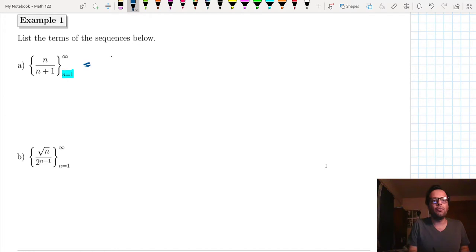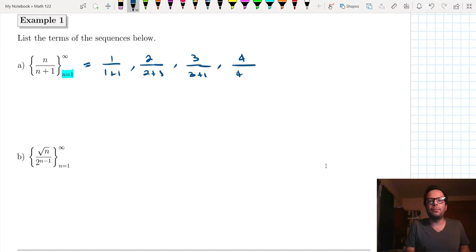So this will be 1 divided by 1 plus 1, comma, 2 divided by 2 plus 1, comma, 3 divided by 3 plus 1, and 4 divided by 4 plus 1. And all we do is just simplify the numbers. I'm going to say comma dot dot dot, because this sequence goes on forever. So let's simplify: 1/2, comma, 2/3, comma, 3/4, and 4/5, comma, this just goes on forever.